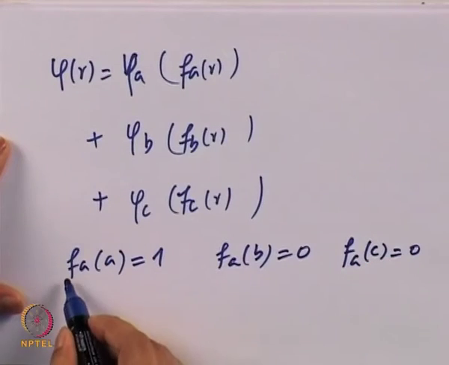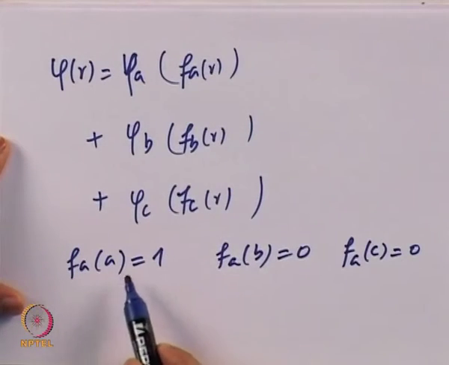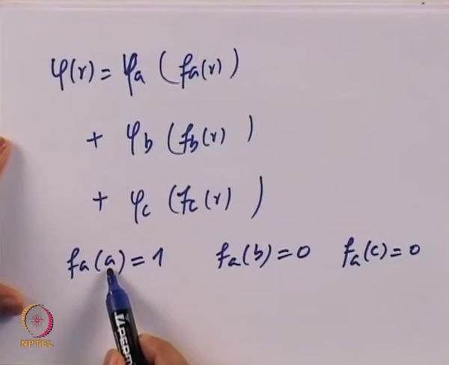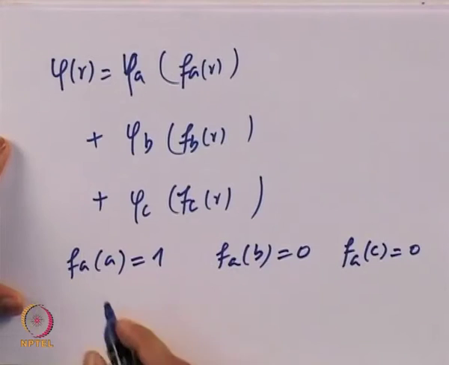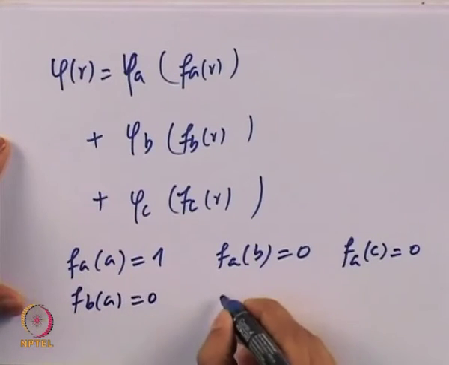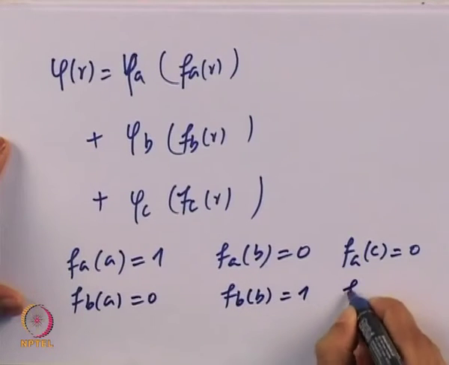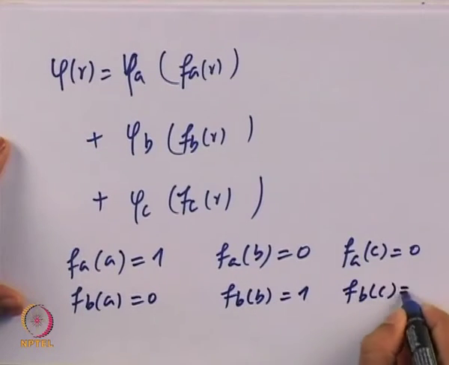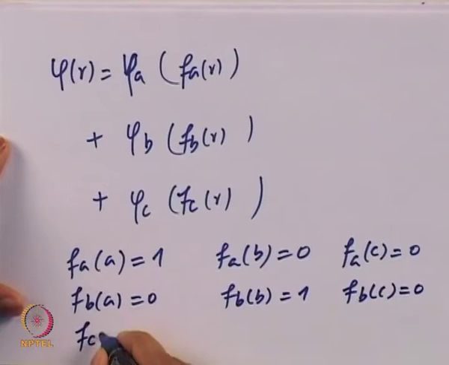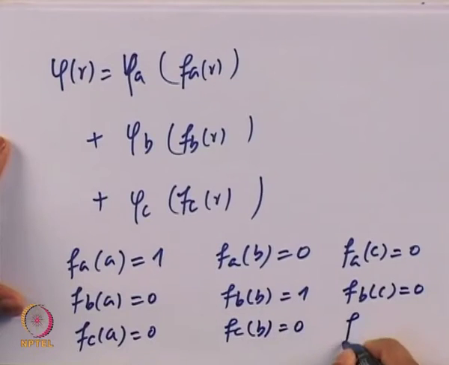That means the first basis function what we are using will have a value 1 for the node point A, whereas it will be 0 for the other ones. Similarly, the f B value will be 0 at A and it will be 1 at B and it will be 0 at C. And the third one will be f of c of A will be equal to 0, f of c of B will also be equal to 0 and f of c of C will be equal to 1.